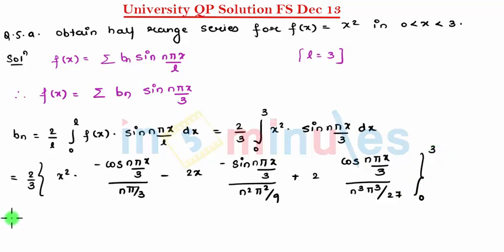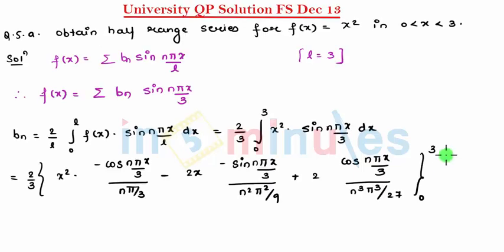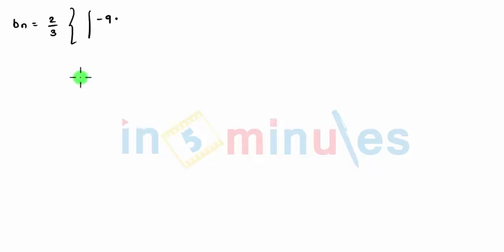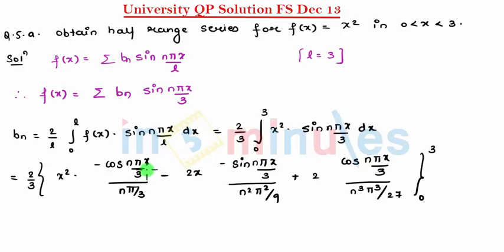Now let's substitute the limit. So I'll just do it on the next page. So I get bn as 2 by 3. Now I substitute the upper limit. When we substitute the upper limit, here I can get 9. So I write minus 9 into 3 by n pi, and when I substitute 3 here, 3 and 3 get cancelled, so cos n pi.